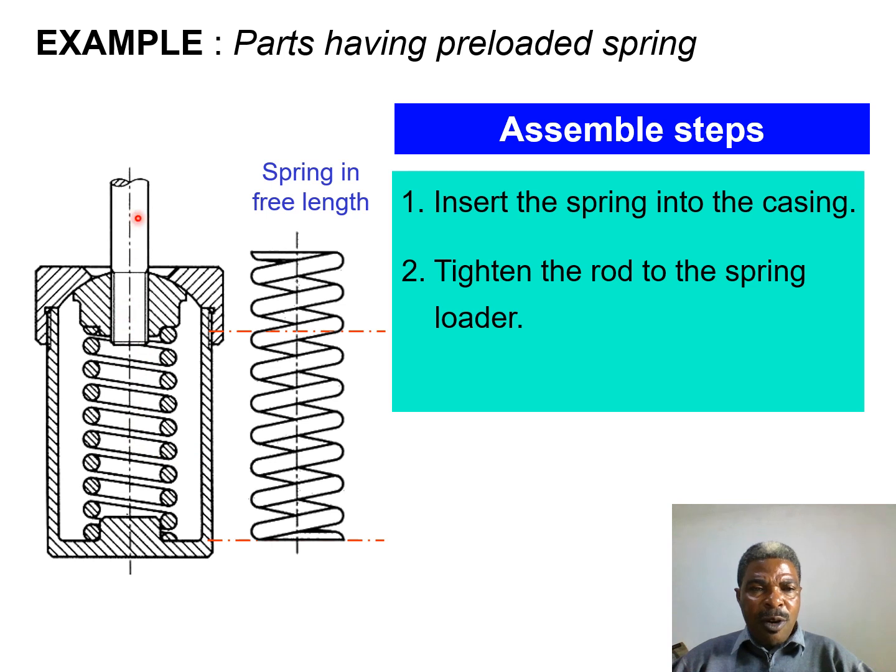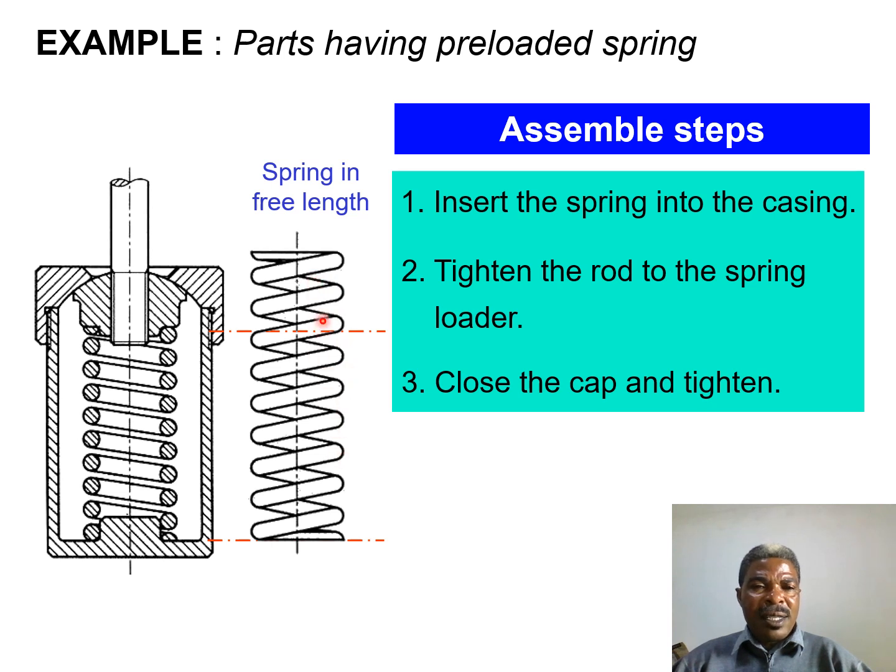So you have opened the cap. Then followed by tightening the rod, the spring loader up there. Close the cap and tighten. So procedures are very important to follow here in order to fix this.